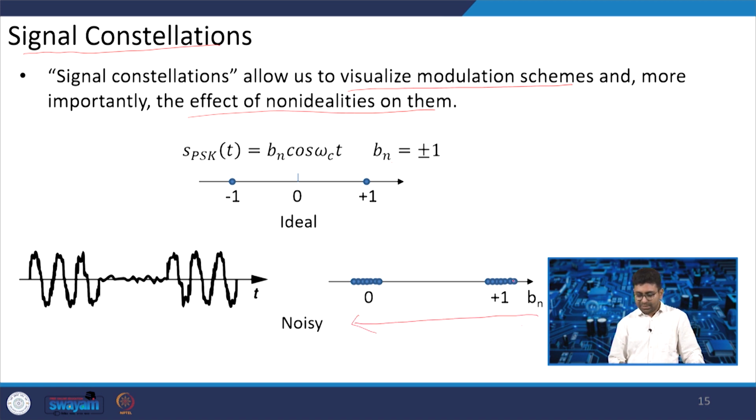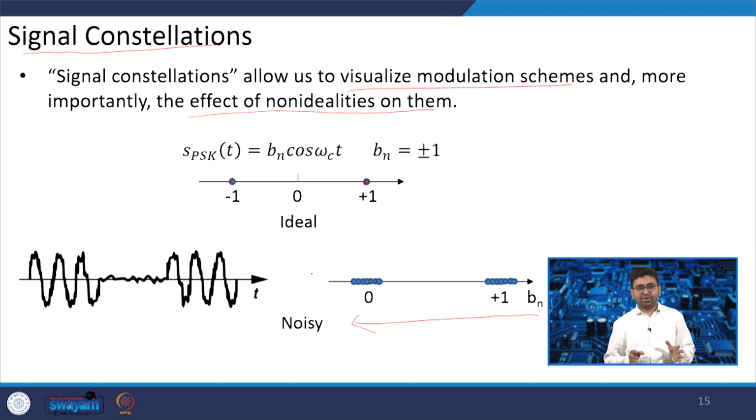I have positive data, which has multiple data points with plus 1 amplitude, and multiple data points with 0 amplitude. Now, in the ideal case, there will not be any distortion in the amplitude, and your signal will look exactly like the signal that we have seen in PSK.